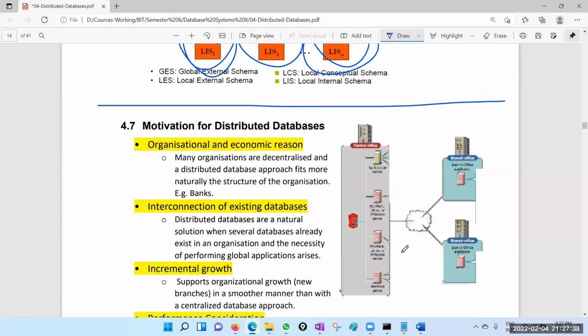If one database fails, we can access another. That is also there, but it's more than that. That is actually having duplicate databases.